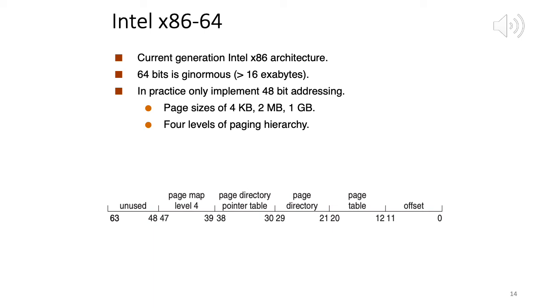So we can support different page sizes. We can support 4 KB, we can support 2 MB, we can even support 1 GB. Right? We have that many bits. Okay. So 4 levels of paging hierarchy, which is given over here, right?